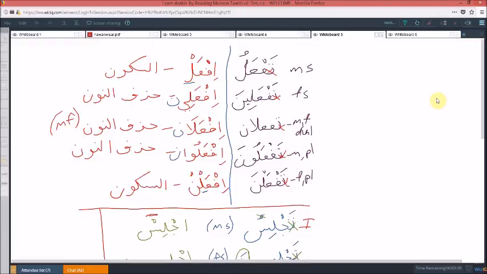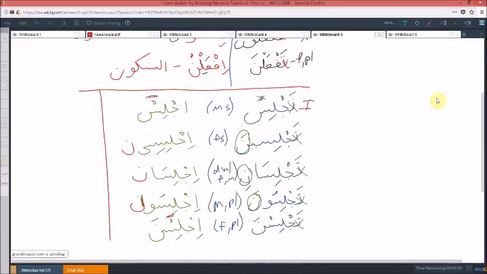So if we understand how to make a command verb, which we did here from taf'alu to if'al, and from tajlisu to ijlis, tajlisuna, ijlisi, then we understand the first 5 or 6, male and female, if you count this one as 2. We understand those, no problem, because we already know how to make a command verb.